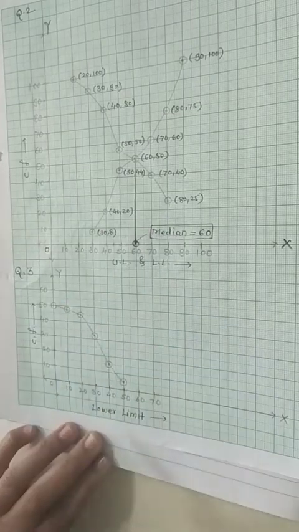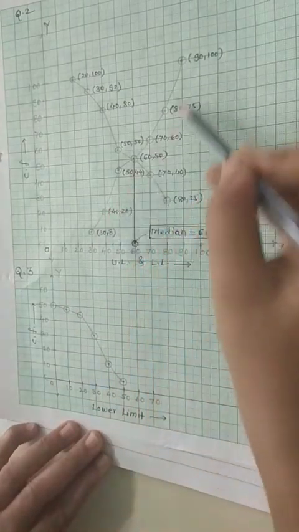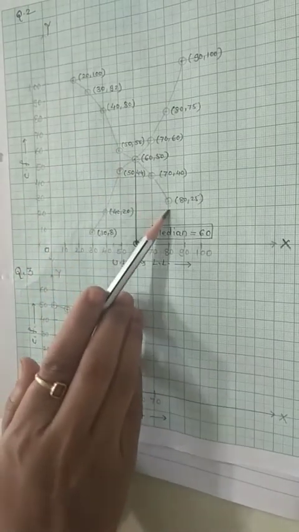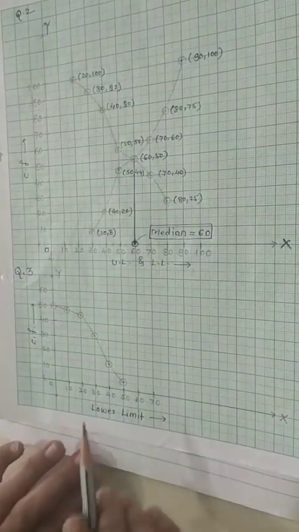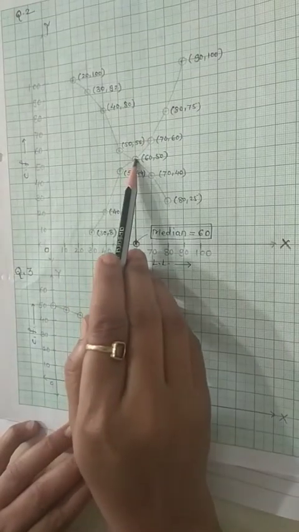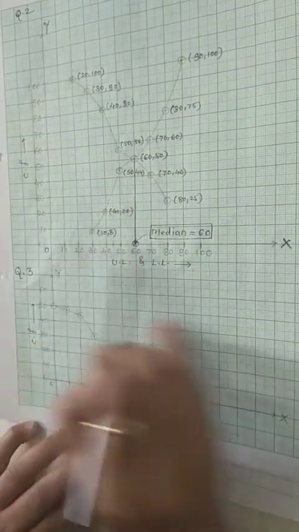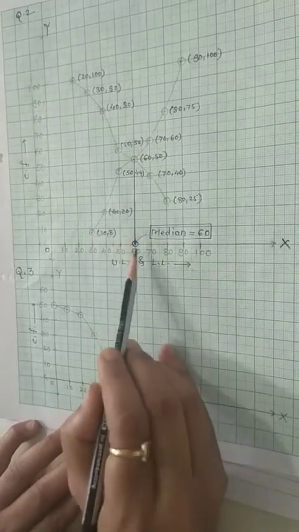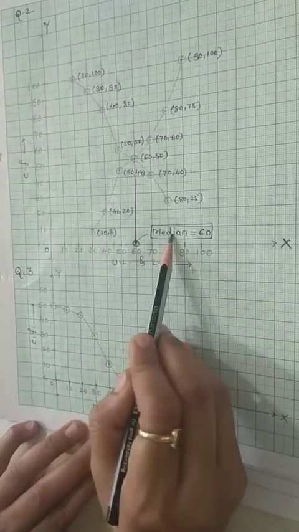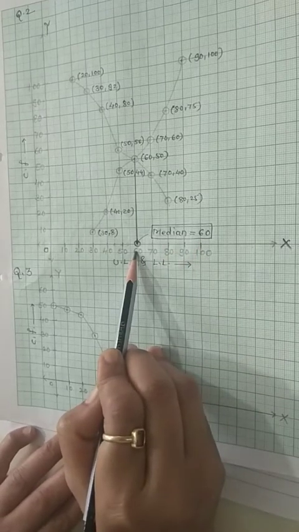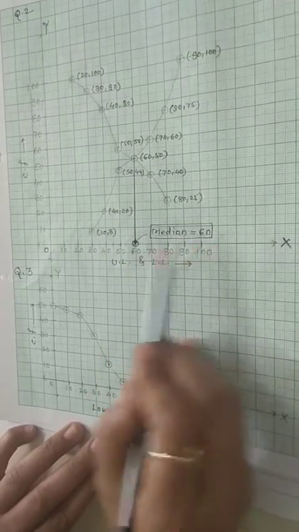Where these two ogives intersect each other, from that point you have to draw a perpendicular line to the x-axis, and where that line meets the x-axis, that is your median, which is equal to 60 here. So the median for the given data is 60 from the graph.